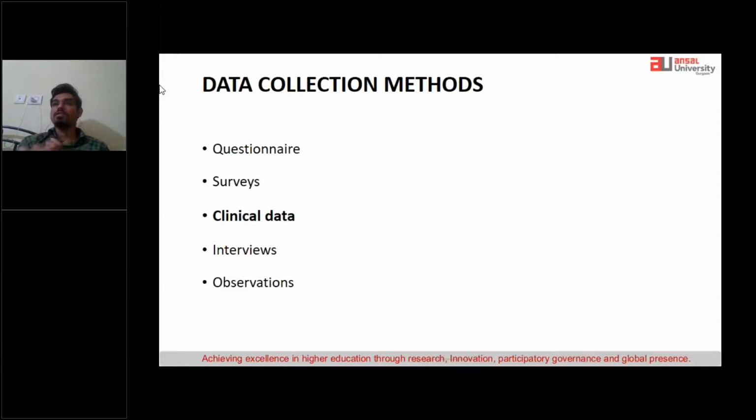Based on that you can extract that data. That is where your retrospective studies come into play. People who are working in hospitals can do a lot of retrospective studies where you can go back to your MRDs, extract the relevant information from the patient's data and do some research. So these are the common methods of data collection.